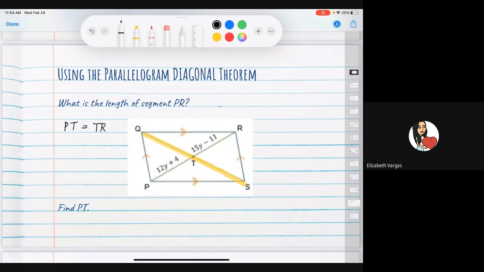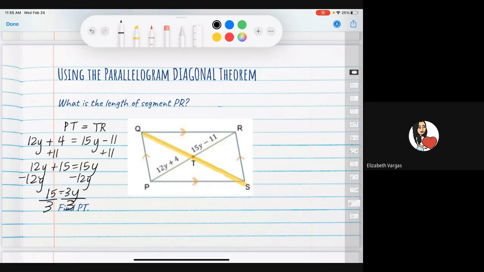Right now I'm looking for y. So 15 equals 3y, further isolate it. So y is equal to 5.